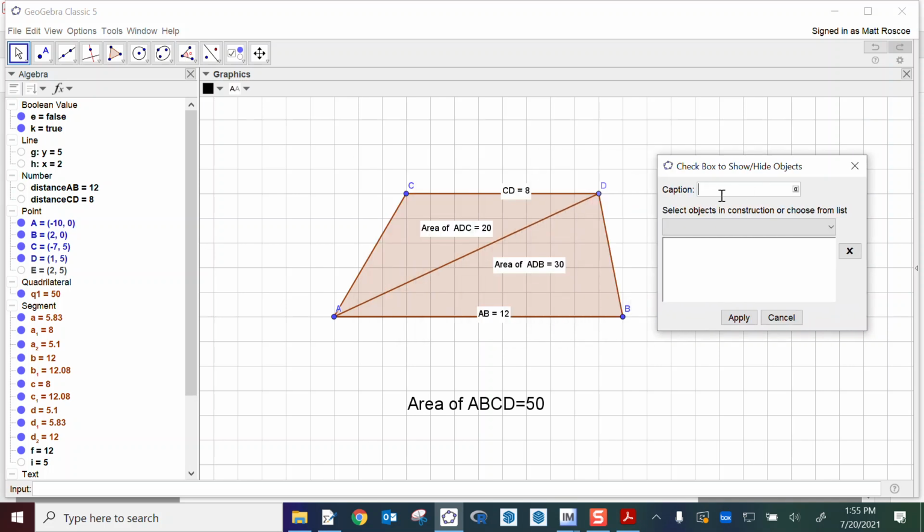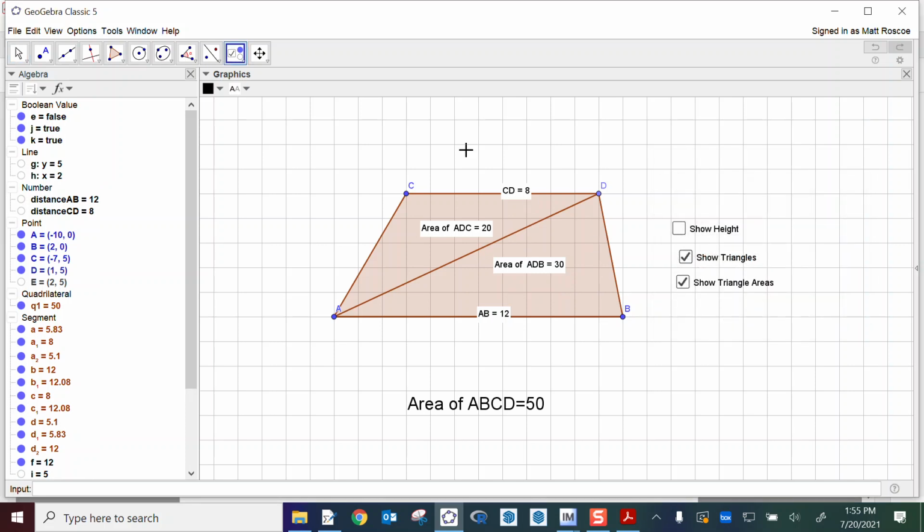So show triangles, and I want this triangle, that triangle, and this segment. Let's see if that works this time. Sure didn't, did it? And maybe the segment is in there twice, so I'm just going to hide it, get it hidden for sure. There we go, now we're looking good, and the areas can come in and out.